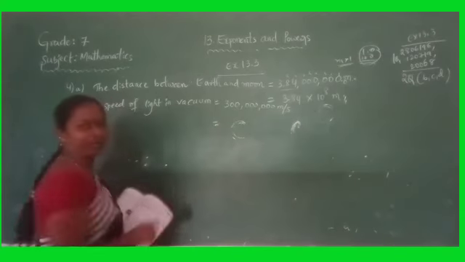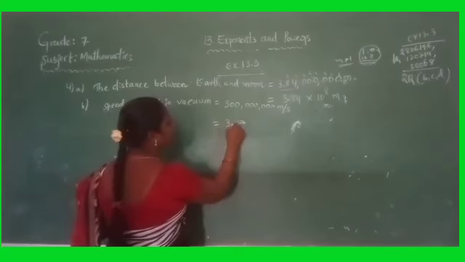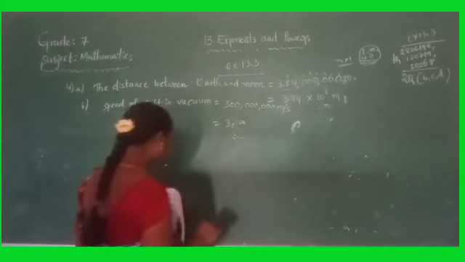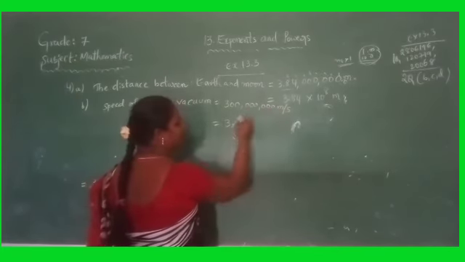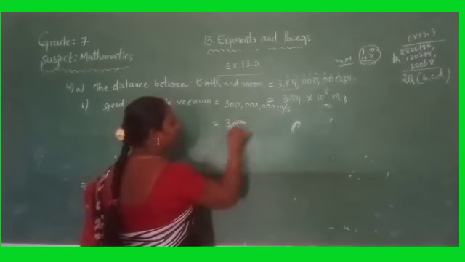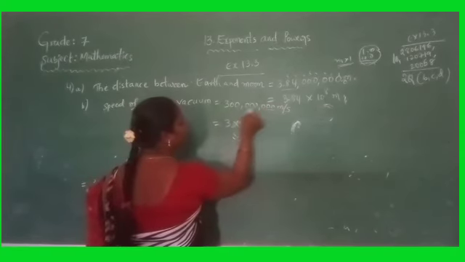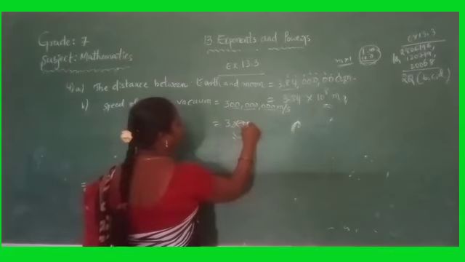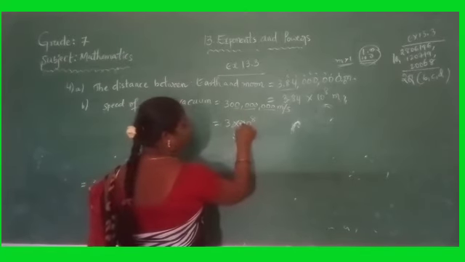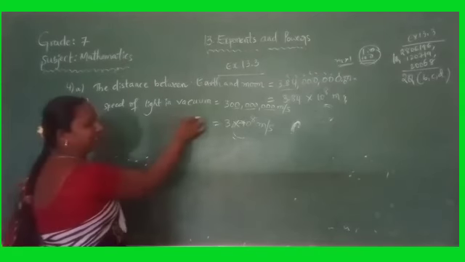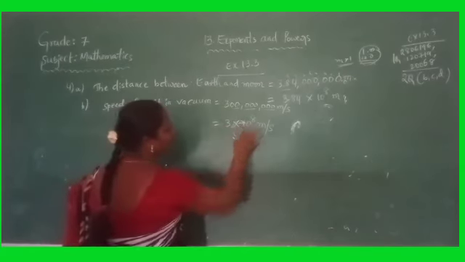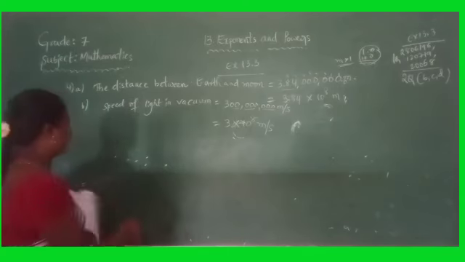So decimal point you have to write compulsorily, that is 3 point. After that all zeros are there, so we can write it as 3 into... how many digits are there? 6, 7, 8. That is 3 into 10 to the power of 8 meters per second. The speed of light in vacuum is 3 into 10 to the power of 8 meters per second.